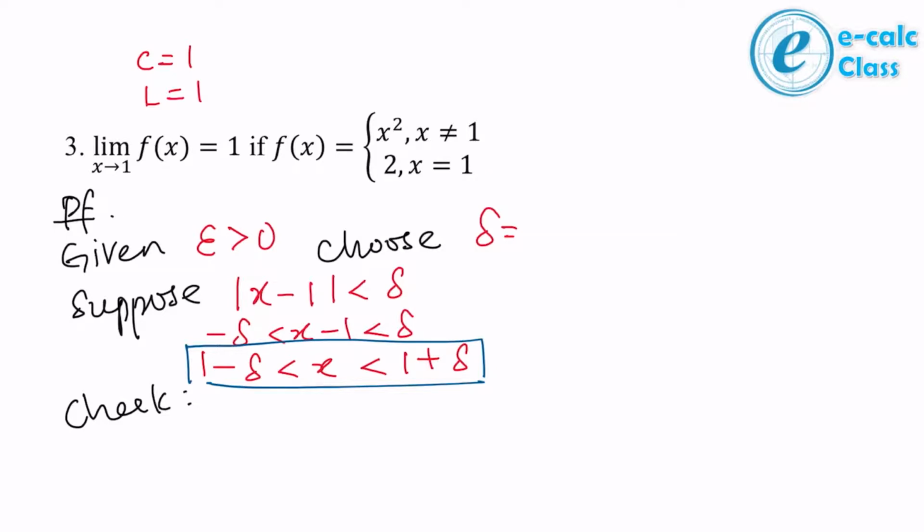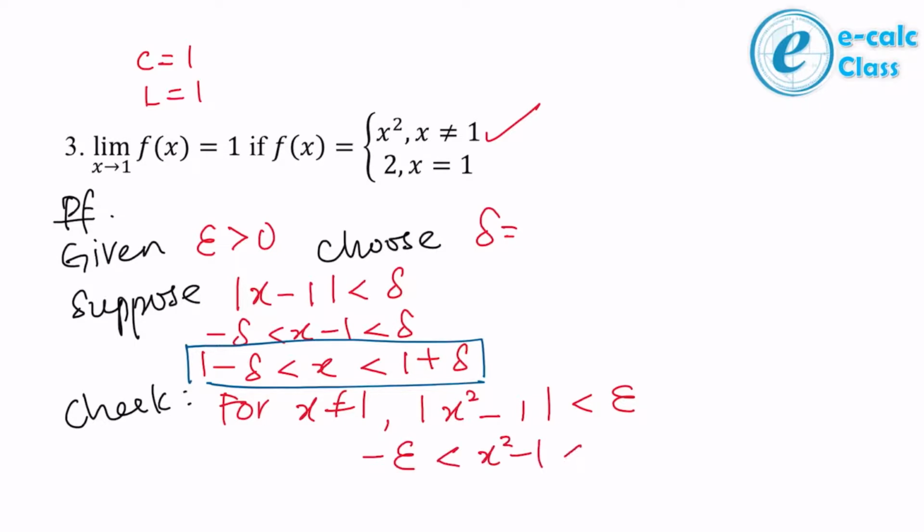We should take the x not equals to 1 because we are not on x equals to 1. Hence, we will just write for x not equals to 1, the absolute value of fx minus L is smaller than epsilon. Negative epsilon, x squared minus 1, epsilon, x squared, 1 minus epsilon, 1 plus epsilon.